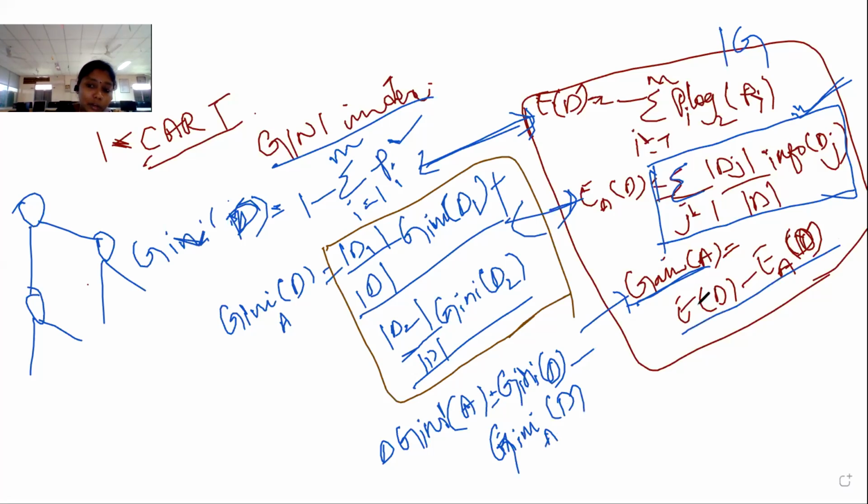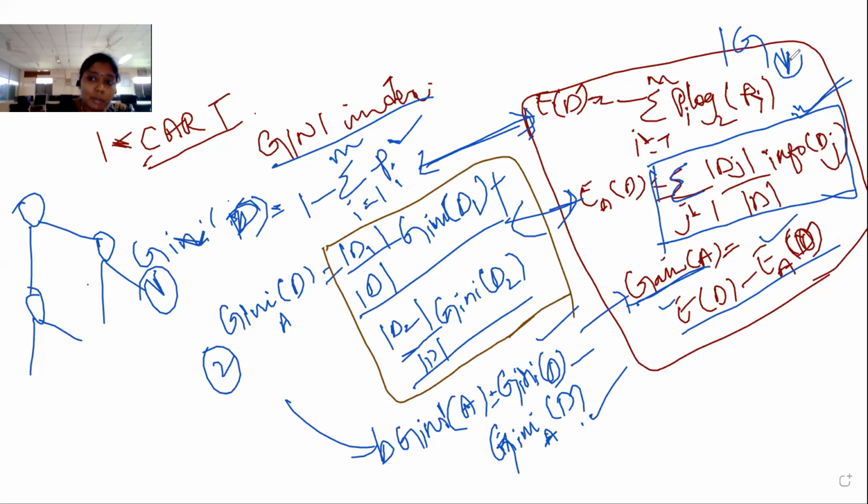This formula minus this formula results in this; here also this formula minus this formula results in this.